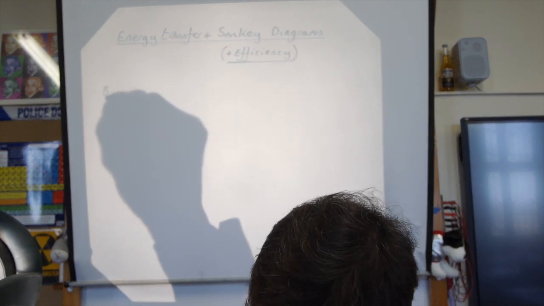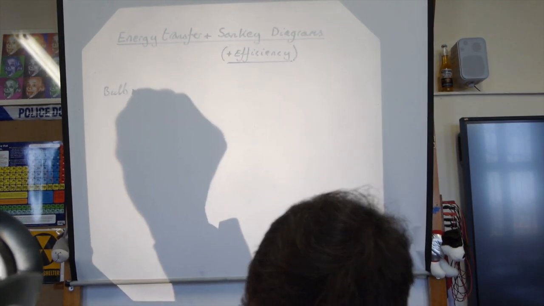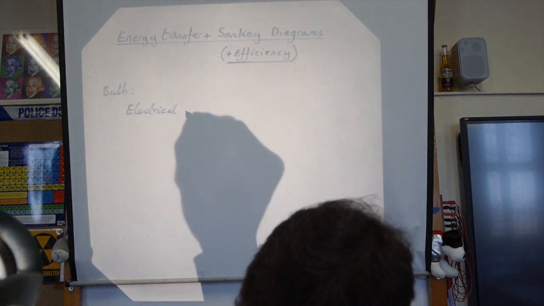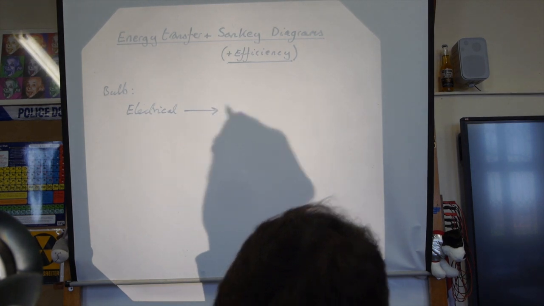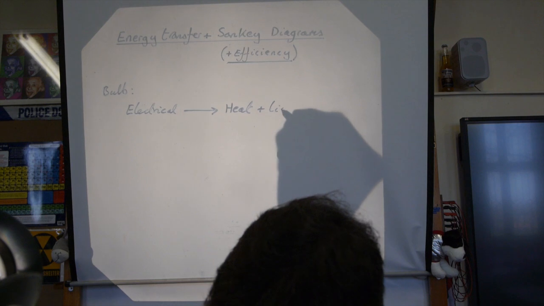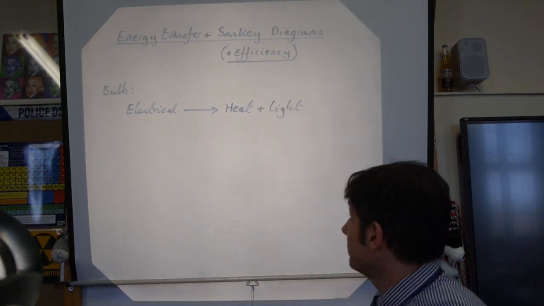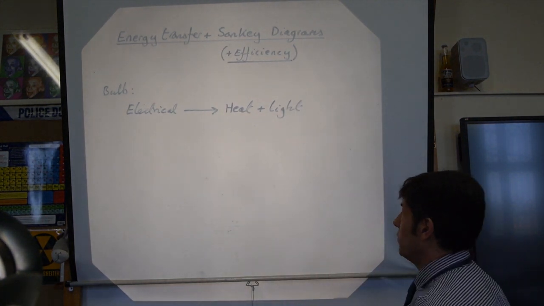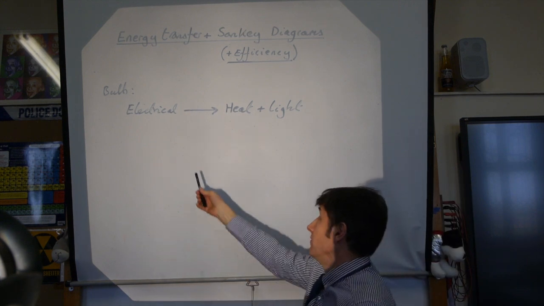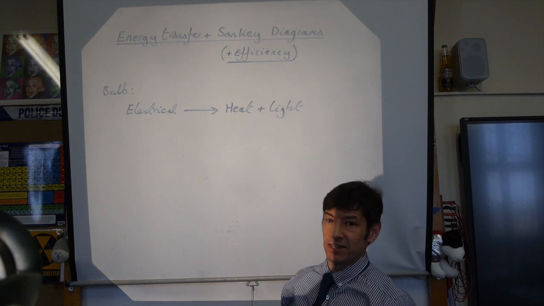So we'll just do the bulb. It's electrical, converting to heat plus light. Okay, and that explains pretty well what happens in the bulb. So the bulb kind of sits here as the device that converts electrical energy into heat and light.